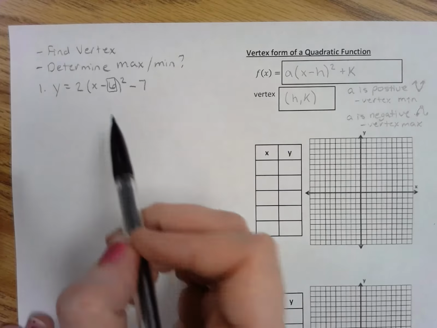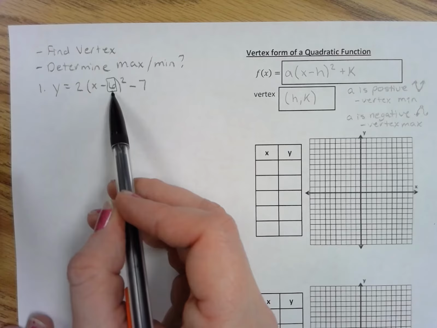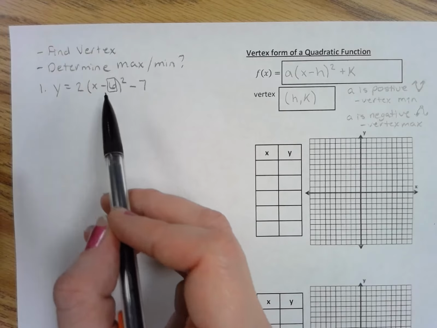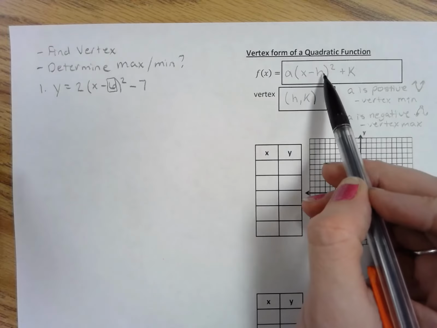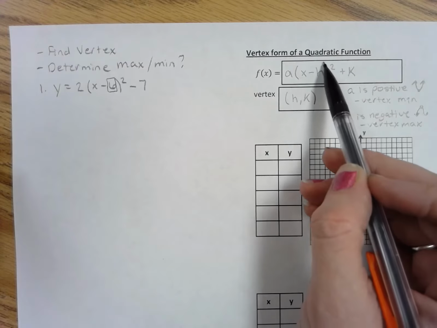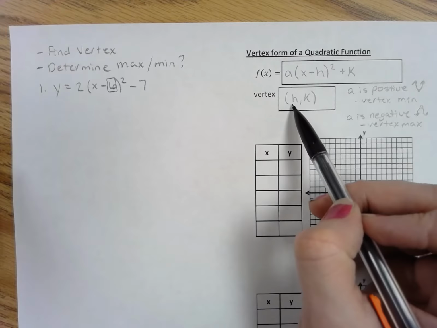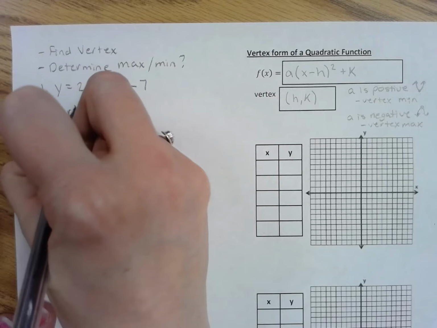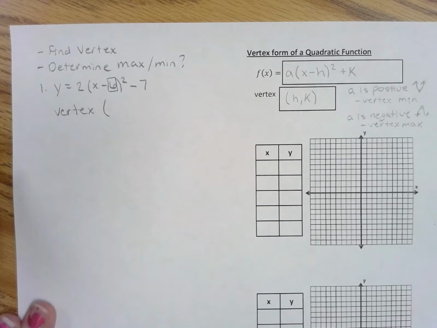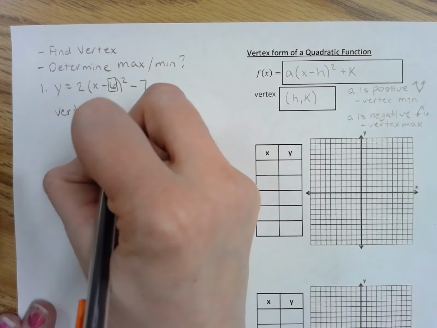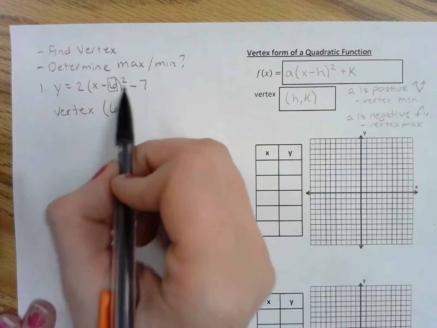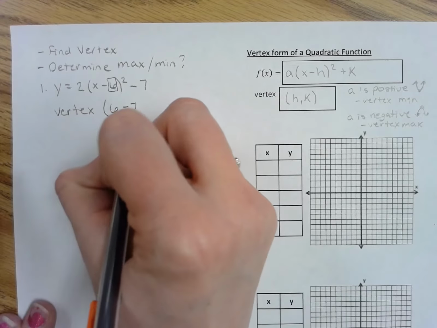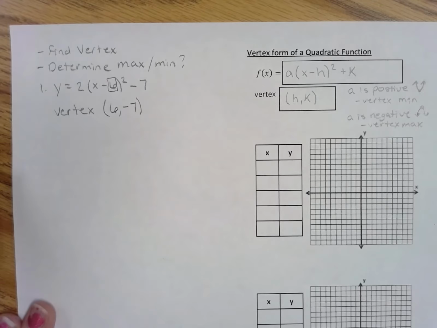We're used to calling that a -6, but because it says it has to be minus h, we only take the number after that minus sign in order to identify our vertex. So for our vertex, (h, k) is 6, comma, and with the k you do take the exact symbol that you see, so -7 for our ordered pair.